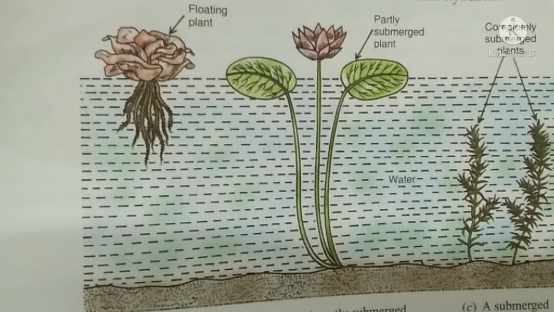If you see, their roots are either poorly developed, which means their roots may not be totally developed, or totally absent, in between. Water lily, lotus, all these, they partially submerge in water. Their roots are there, which are fixed to the ground.